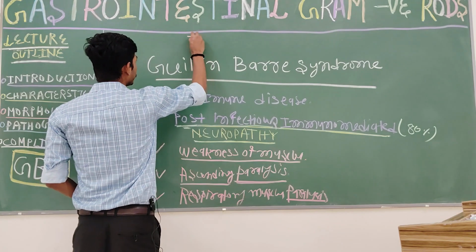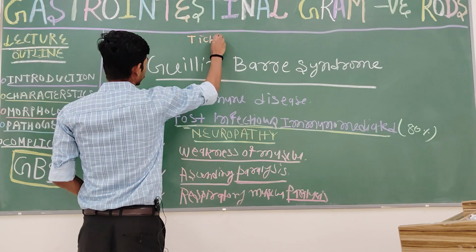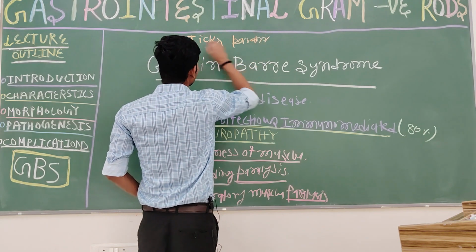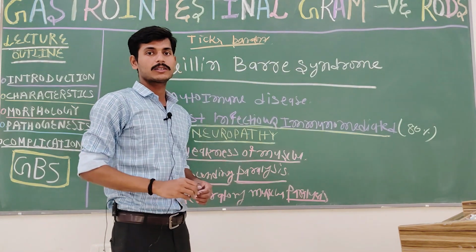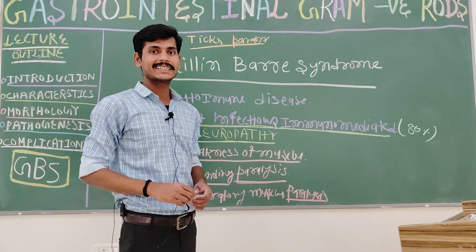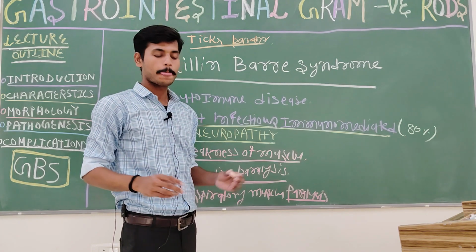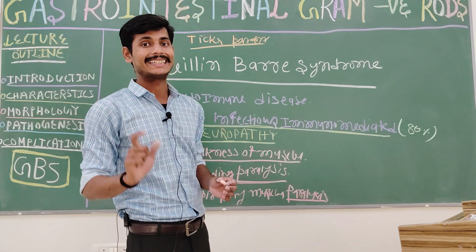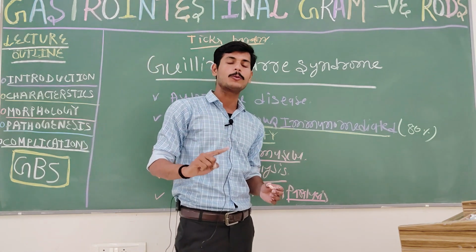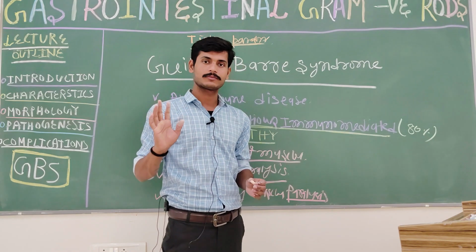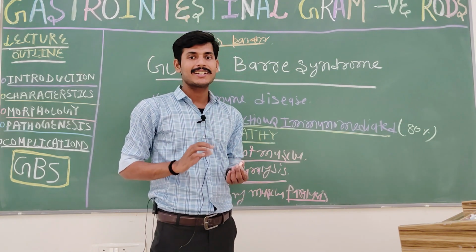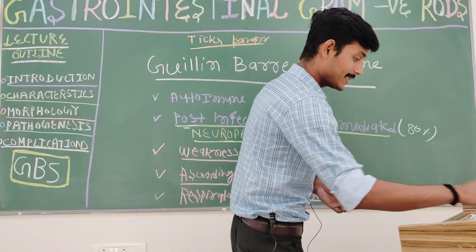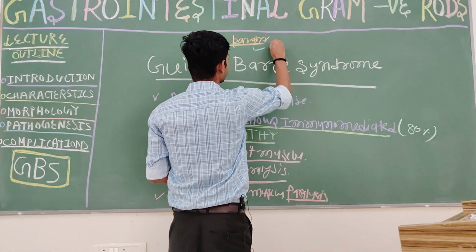There is something called tick paralysis. Now this tick paralysis is caused by two notable ticks. One is called the American tick, another is called the Rocky Mountain wood tick. Clear? Now, these ticks secrete a certain neurotoxin.